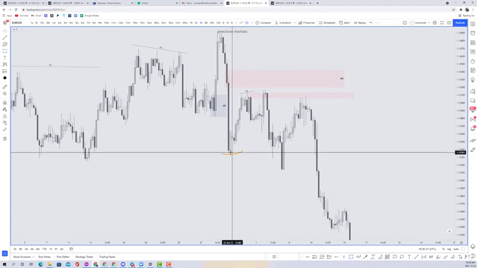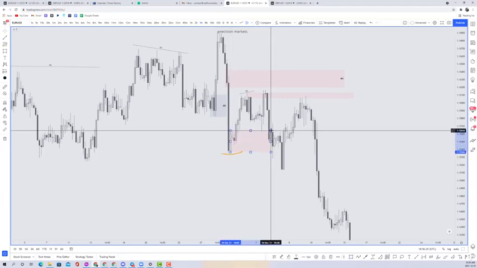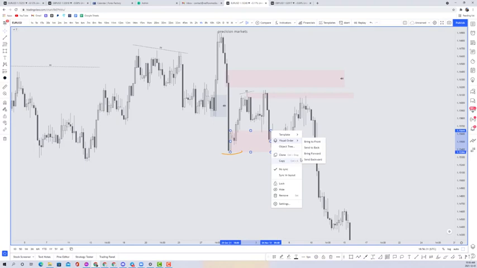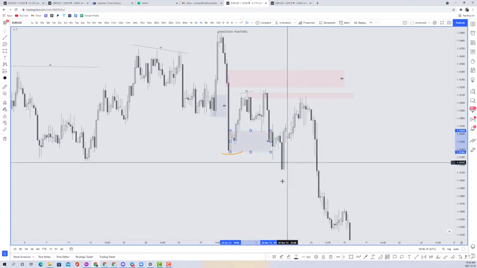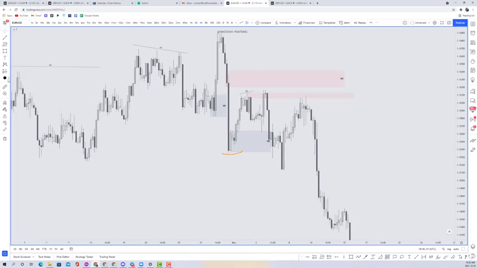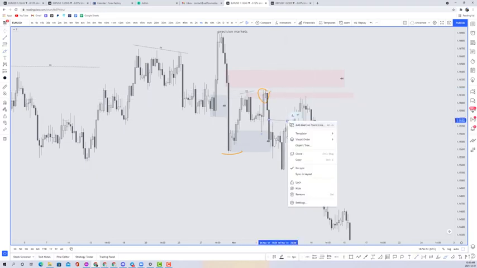So you have one of two things here. If this is our low, again, we have a 4 hour demand. Where's the reaction point? This is our reaction point. Where did the move come from that took out that reaction point? Well, now we're back to this 4 hour POI. Where's your inducement? Right here, that's intact.